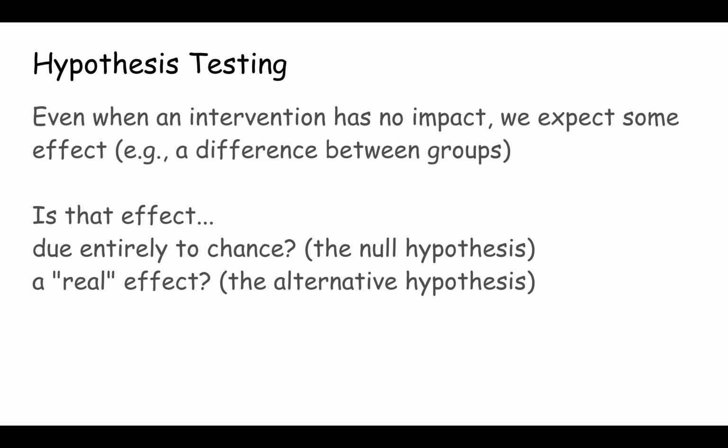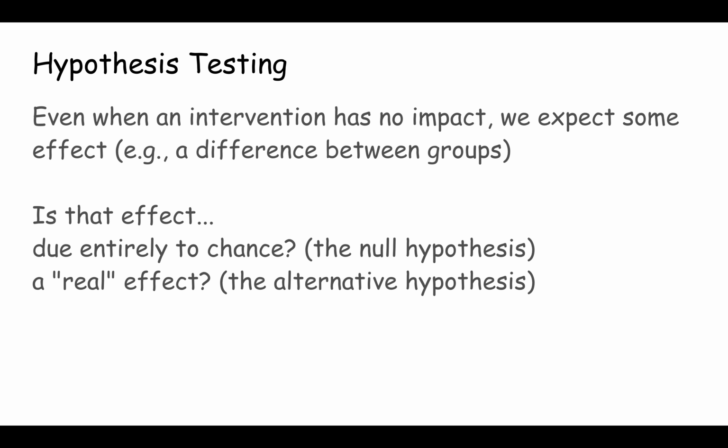So, even when some intervention has no impact, we expect to see some difference between the groups. If we have two groups of clients or subjects, one group gets an intervention, the other group doesn't, we would not expect them to come out exactly the same, even if there was no impact.